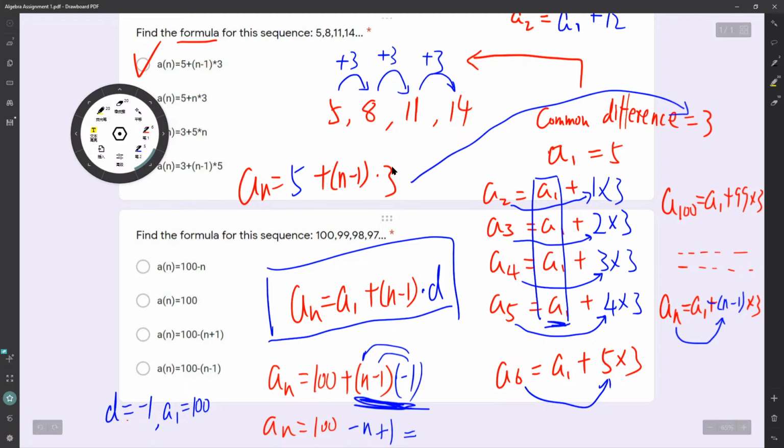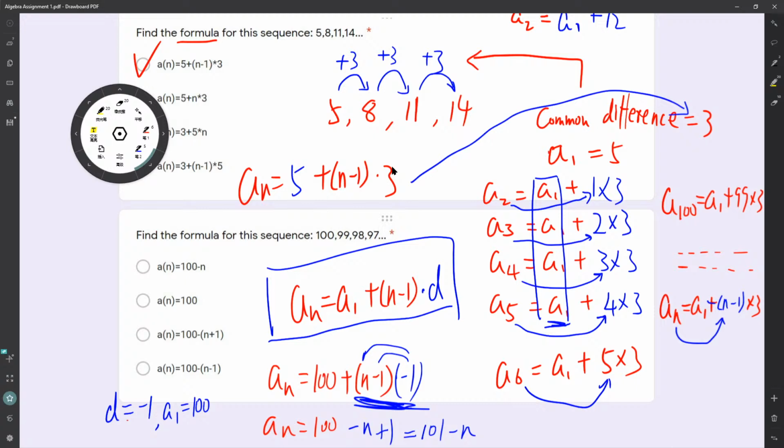So we have 101 subtract n. And that's our formula for this sequence. Based on the general formula, we plugged in the value of A1 and the common difference, and then we simplified that. We got the formula for this sequence, and that is 101 subtract n.